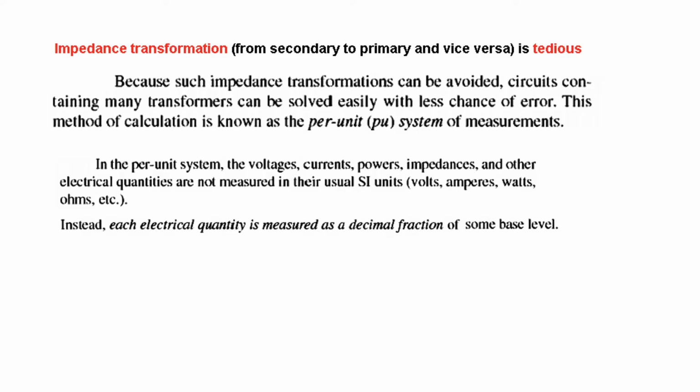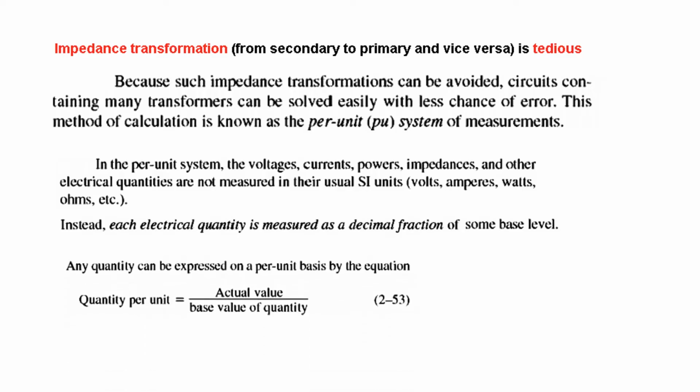And we'll see what this means. Any quantity can be expressed on a per unit basis by this equation: quantity per unit is equal to actual value divided by base value of the quantity. Now this may seem difficult. Let's go to the next slide and try.